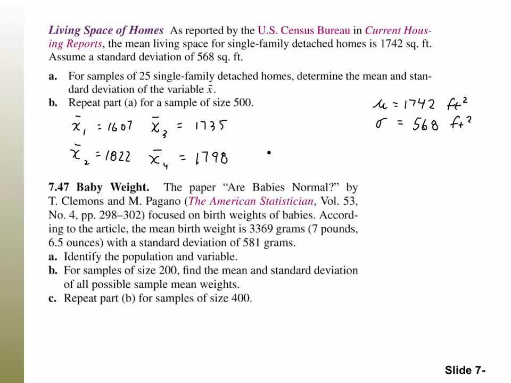So now we're asking about the distribution of these means. What is the mean of the means? What's the mean of the sample means? What would it be? 1742. If we took all samples of size 25 and found the mean of those, we'd have the exact same mean as the population mean.